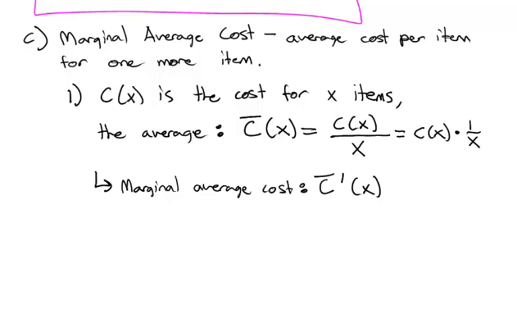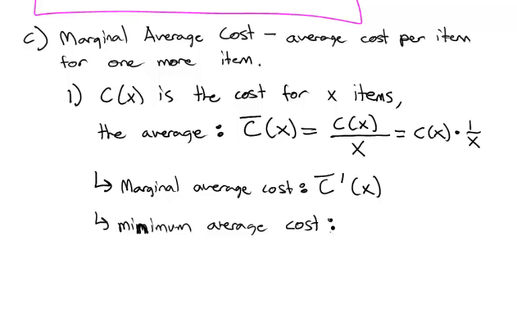Now, often we want to find out what's the minimum average cost going to be. In other words, we want to make it cost as little as possible on average for each item.